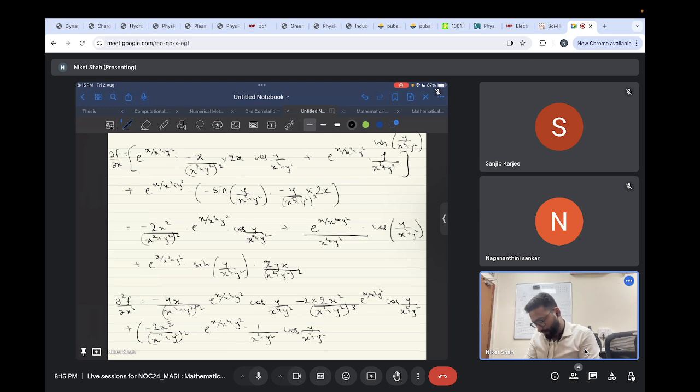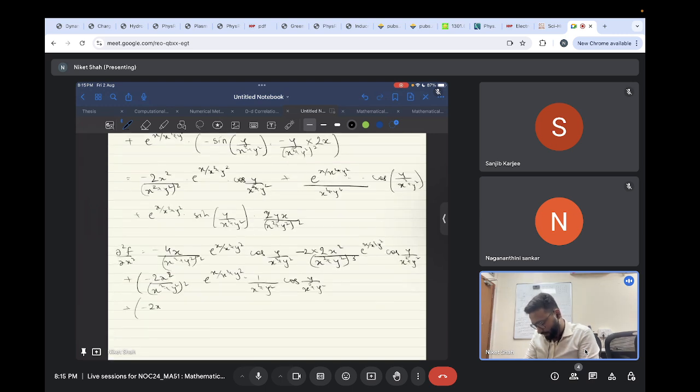Let's do the first term as well. Plus minus 2x square divided by x square plus y square, whole square, e raised to power x divided by x square plus y square. So I have to take x upon x square plus y square, minus x upon x square plus y square.